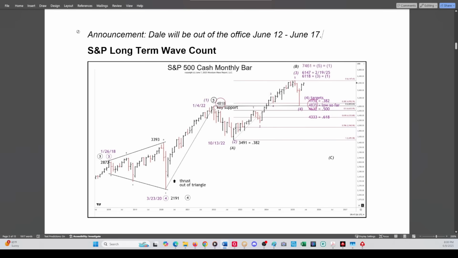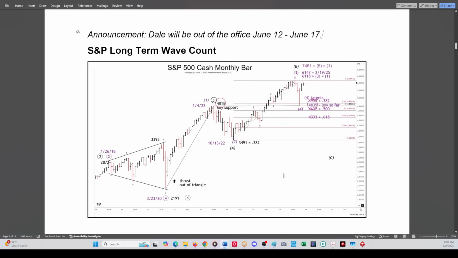The black count labels that as wave 5 with a circle around it. Then we have an A down, intermediate term, then a B up, and then a C down below A. That's an expanded flat, where B goes above the start of A and C goes below the low of A. Expanded flats have never been my primary wave count because most of the time they don't work out. They end up being a 1 and a 2, but we'll see.